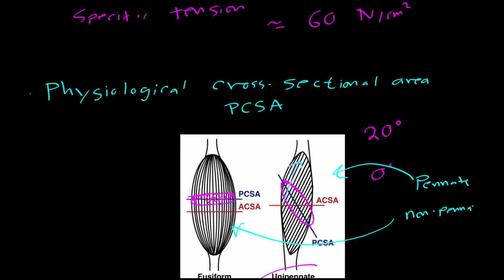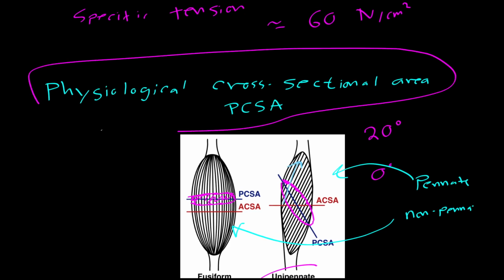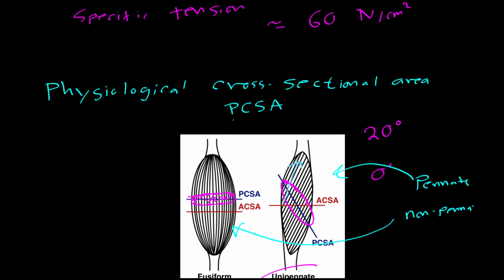If you know the physiological cross-sectional area of a muscle, which you can get from, say, an MRI or an ultrasound or a cadaver experiment, I think one of the questions on the comprehension quiz from last week was from an ultrasound study where they were measuring what is this angle, what is the pennation angle, in order to calculate the physiological cross-sectional area of the muscle.